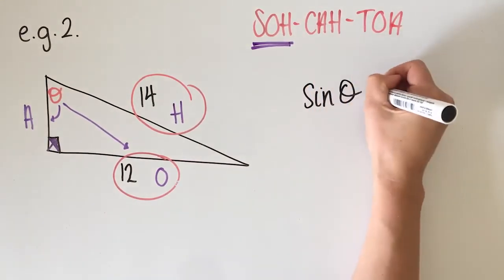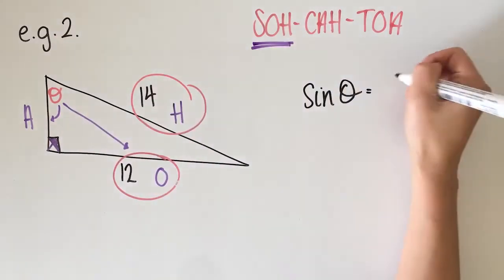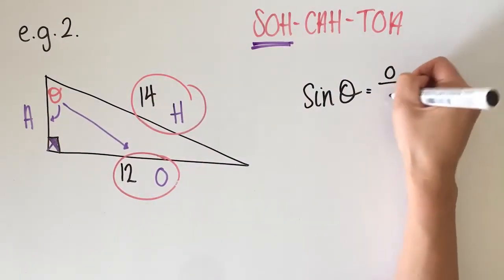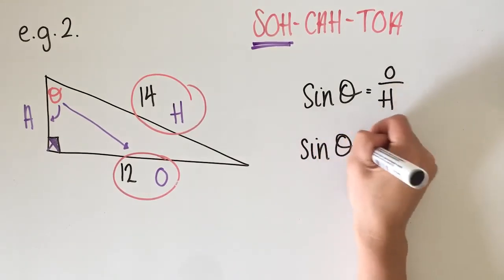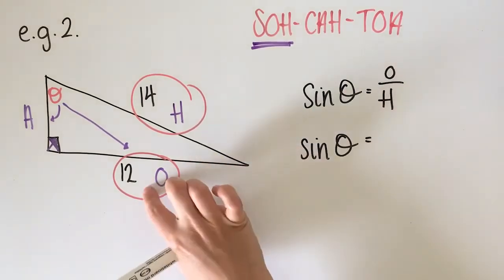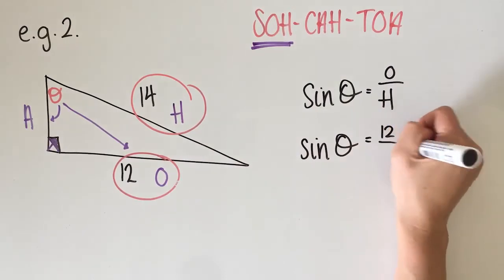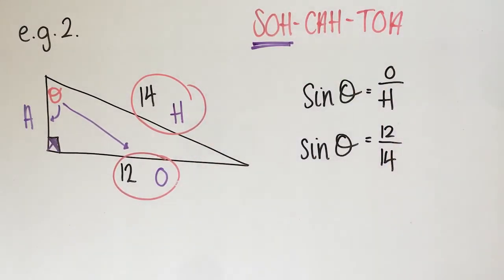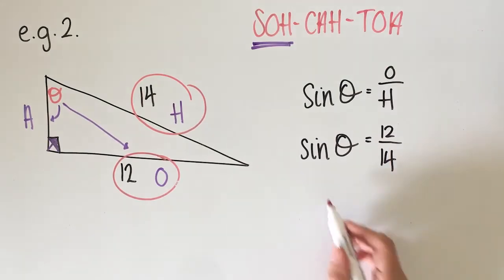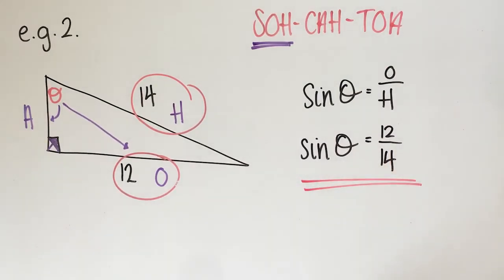So sine of an angle, as in this angle, is going to be O over H. Then I can substitute. I'm going to change O to 12. And I'm going to change H to 14. Okay, and now I've found my ratio.